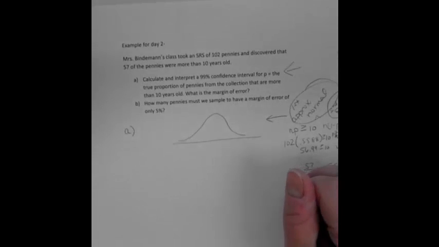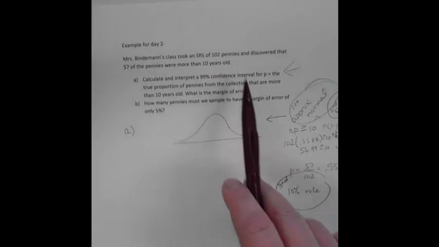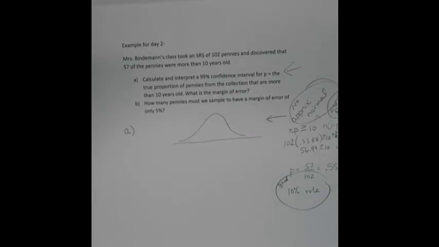And we also want to make sure we check that 10% rule. Because remember, you want a big sample, but you don't want so big of a sample because there might be things that are not independent in there that are going to throw this off a lot. So for the 10% rule, we're talking about the pennies, and we're taking a sample of 102 pennies.